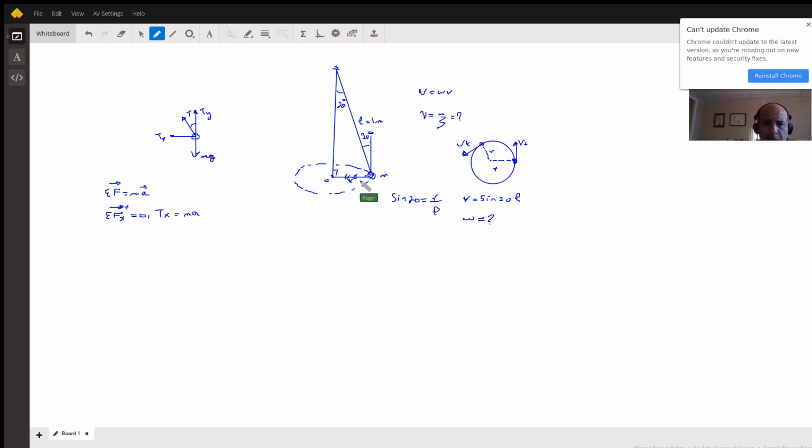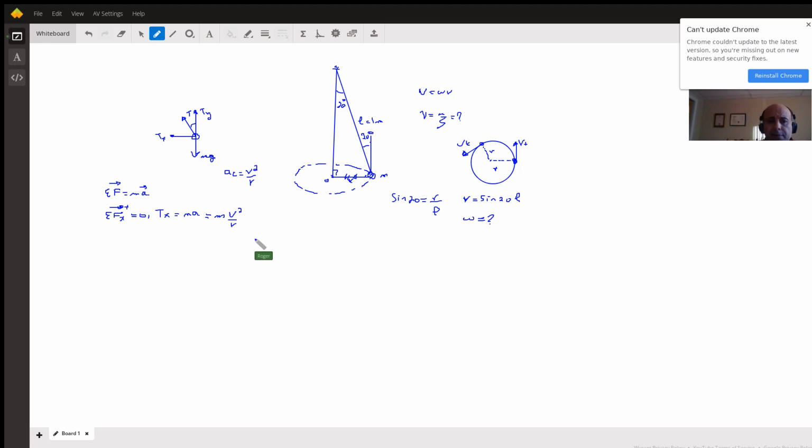So the centripetal acceleration can be expressed as a centripetal equals v squared over r. And which v? v is that tangential velocity that we were looking for. So Tx is equal to m v squared over r.